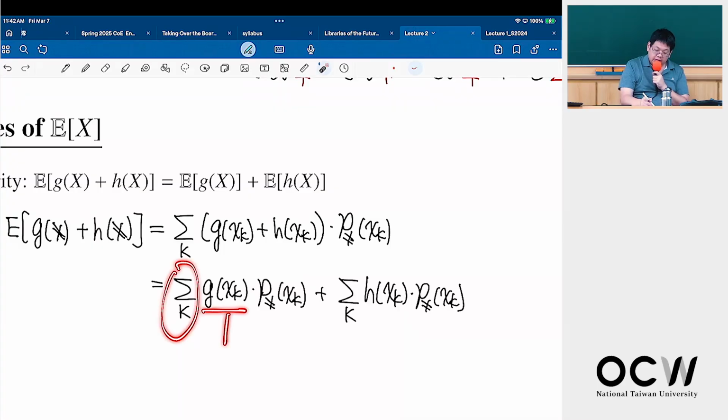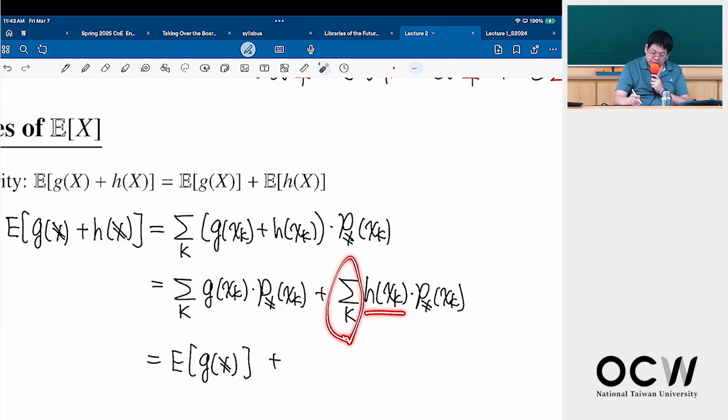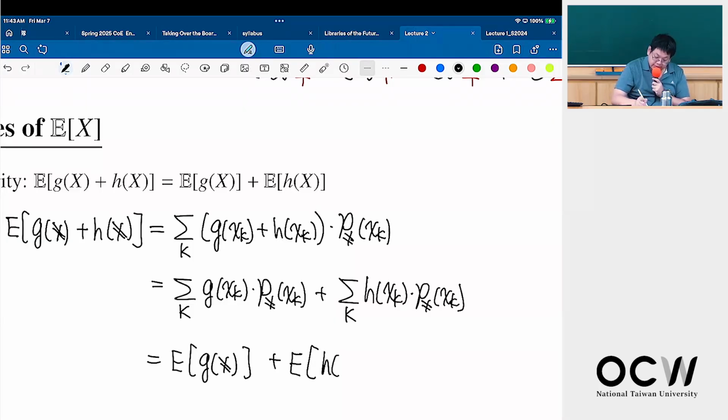All possible function of outcomes times their corresponding weightings. So this is the expectation of g(x). And similarly, the second term, all possible function of outcomes times their corresponding weightings. So this is the expectation of h(x).